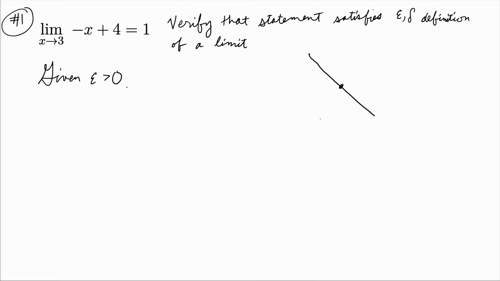Let this point on the graph be x equals 3, and we're heading toward a y value of 1. About this y value of 1, we're going to be selecting a distance that goes up and down, epsilon. So we can picture it like this. That's what it means when I say given epsilon greater than 0.